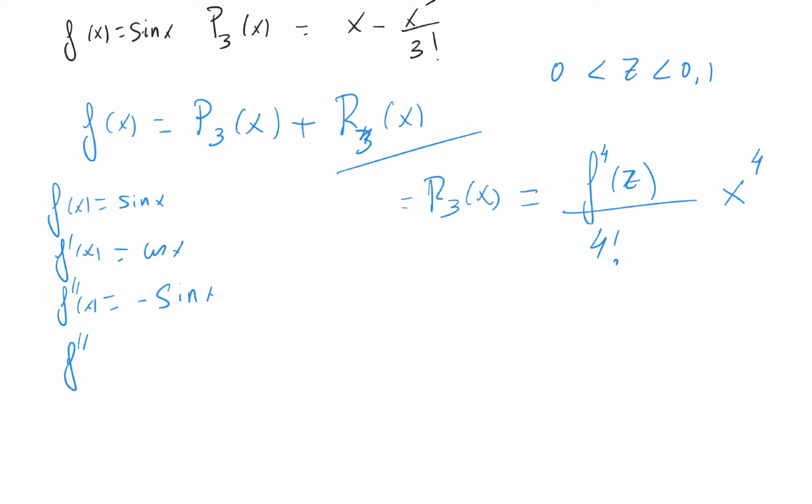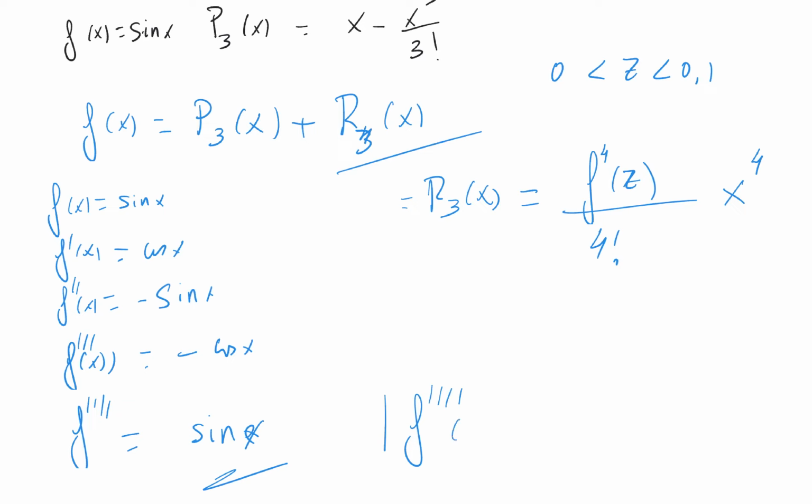The third derivative, the derivative of minus sine, is minus cosine of x. And the fourth derivative is sine of x. The maximum value that the fourth derivative can take is between 1 and minus 1. So at the point z that I don't know, the value should be less than 1.